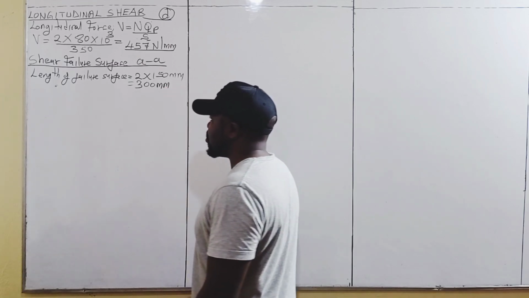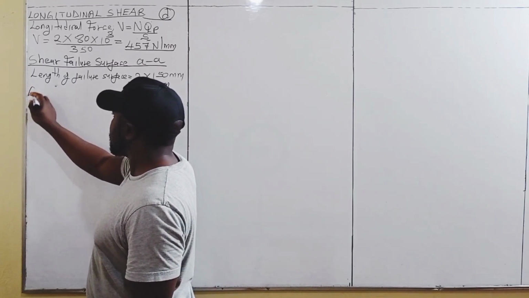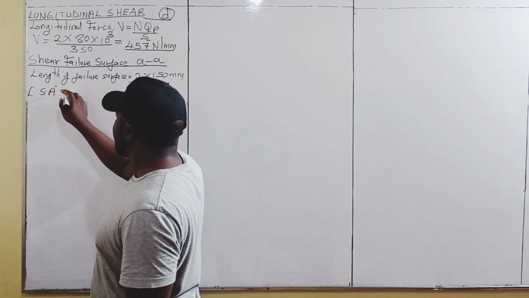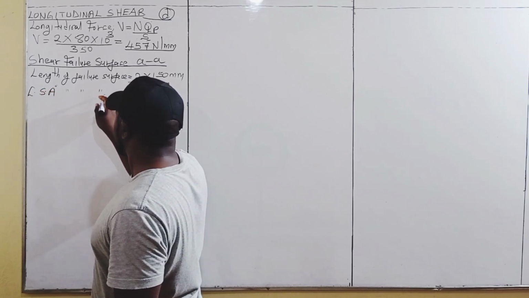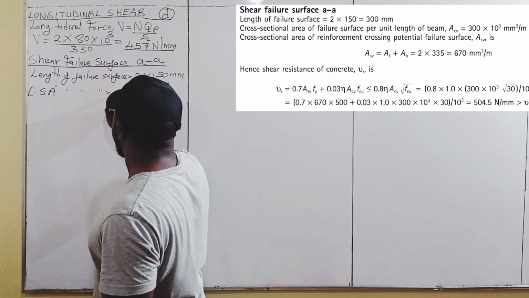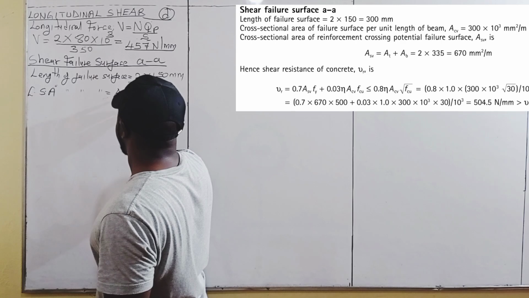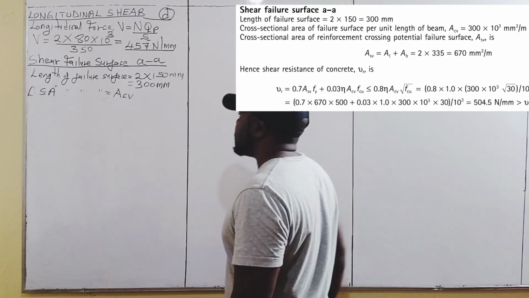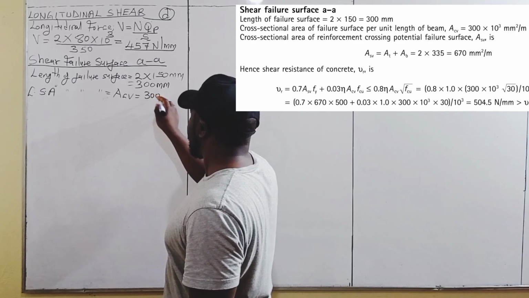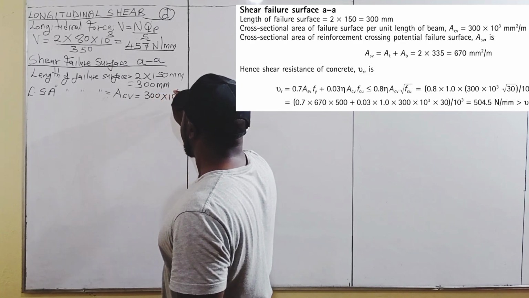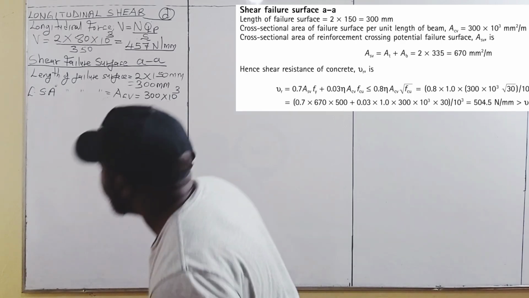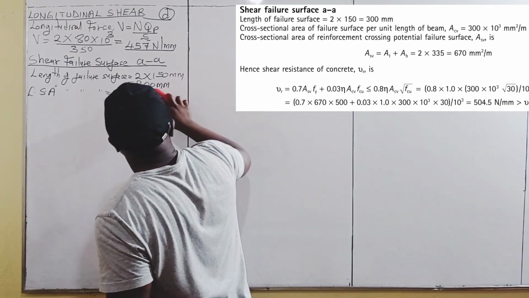Then the cross-sectional area of the failure surface, which is denoted by ACV, is going to be 300 times 10 raised to the power of 3. Let me write it down here.